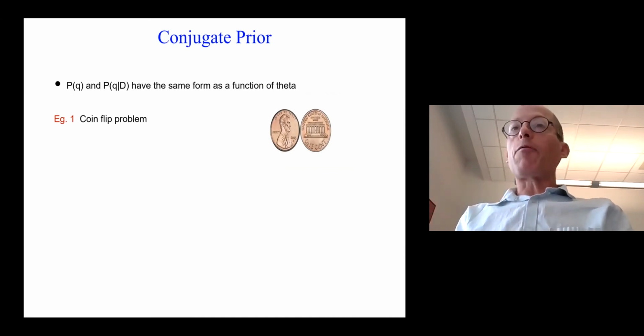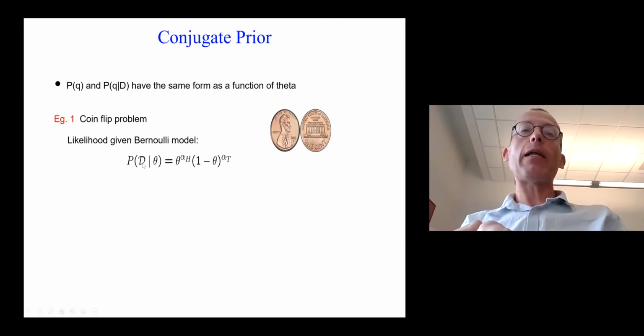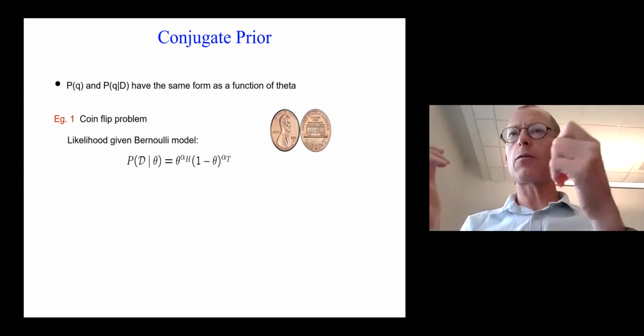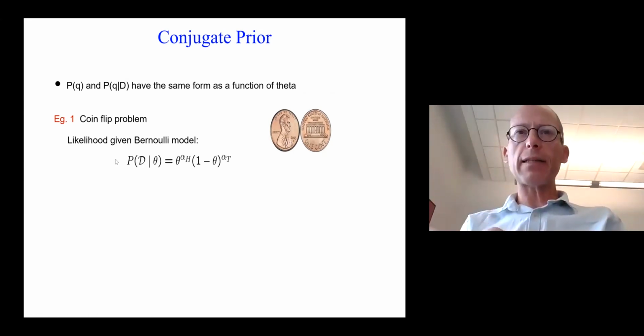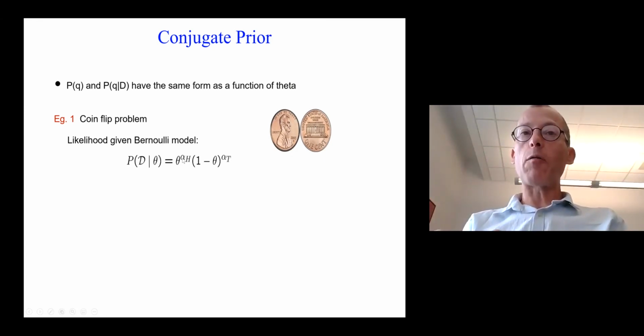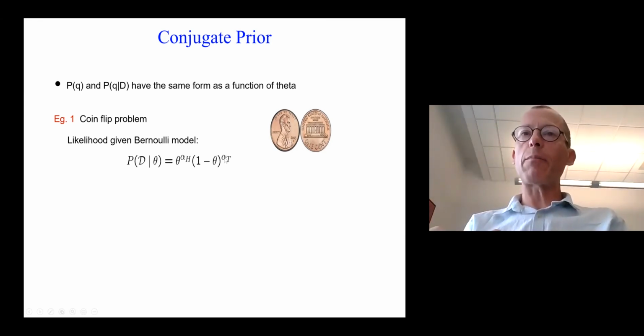So let's do an example for a coin flip. For a coin flip, we are going to use the Bernoulli model, where we assume that the coin flips are independent, so the ordering doesn't matter. The probability of a set of observations given a model is the probability of heads and the probability of tails: theta, the probability of heads, to the power of the number of times we saw heads, times 1 minus theta, the probability of tails, to the power of the number of times we saw tails.